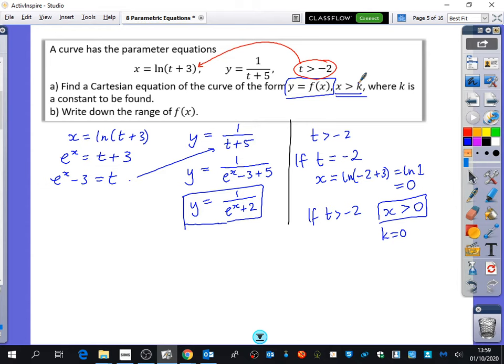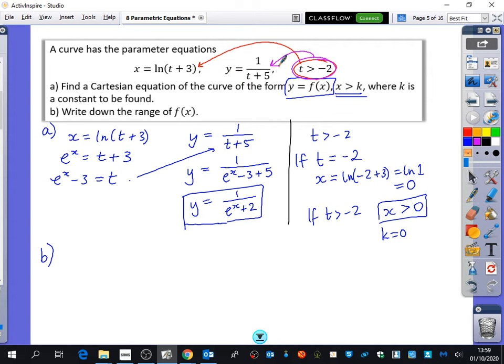And now we're going to try and write down the range of f of x. This was A, and now we're going to do B. So the range of f of x is going to say, how am I going to use this information in here? And this is where you just kind of need to do a bit of experimenting with the numbers.